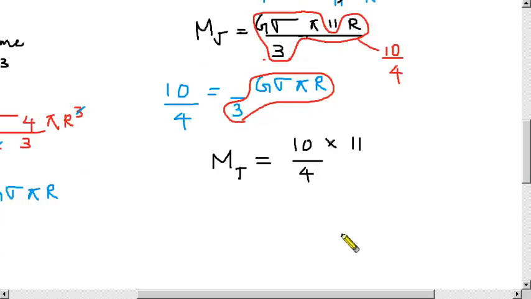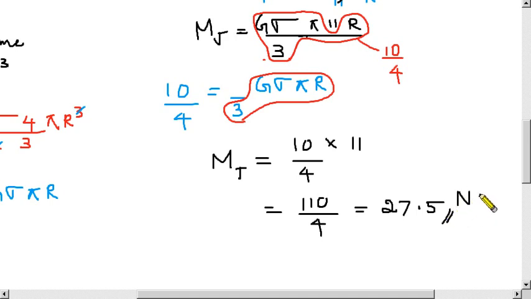It is not enclosed there by the red line. So multiply 11 times 10, 110 divided by 4. If this were 100, then divided by 4 is 25. Then the remaining 10 divided by 4 is 2.5, so 27.5 Newton per kilogram.